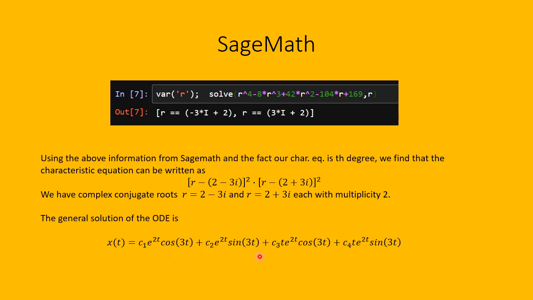C1, C2, C3, C4 are arbitrary constants, and so this comprises the general solution to our ordinary differential equation.